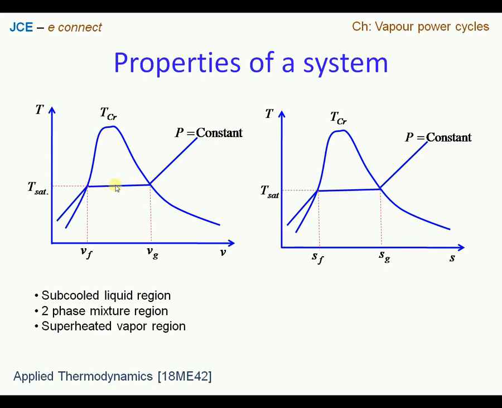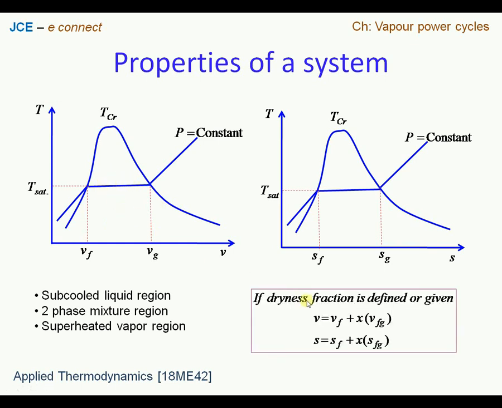Similarly, if we want to know the corresponding specific volume for the given state of the system, and the system is lying within the dome, then one can use the following equations.